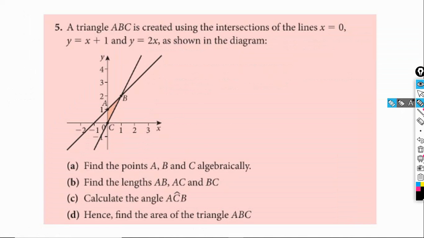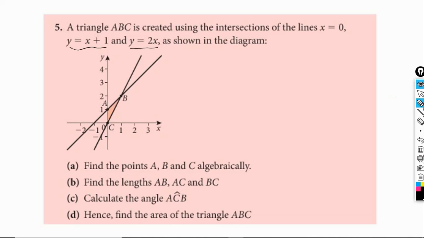Okay, so here we are now with question number 5. A triangle ABC is created using the intersections of the lines x equals 0, well, x equals 0 is the y-axis, y equals x plus 1, and y equals 2x, as shown in the diagram. So this is the diagram.